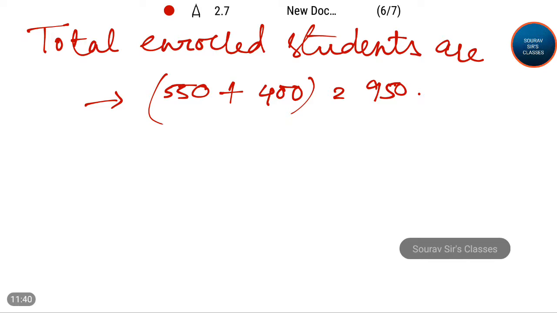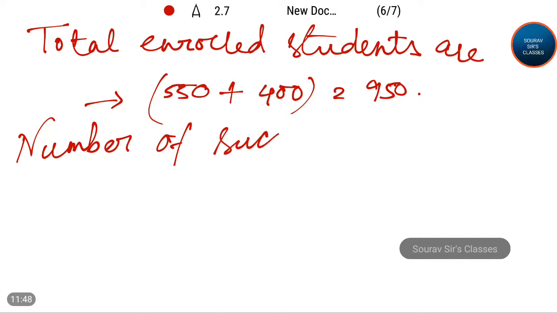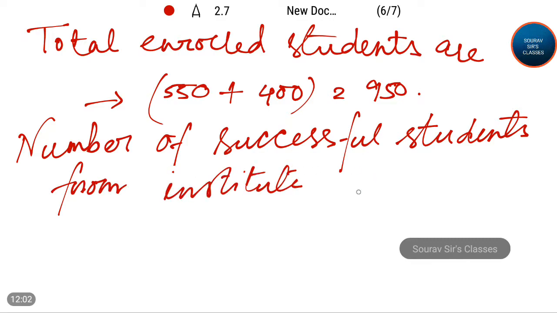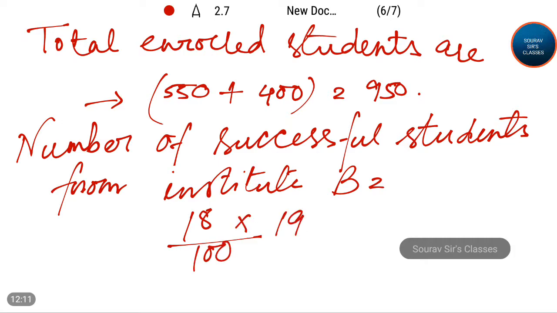Now the number of successful students from Institute B is equal to 18 by 100 into 1900, because this was 18% of 1900. So that is equal to 342.